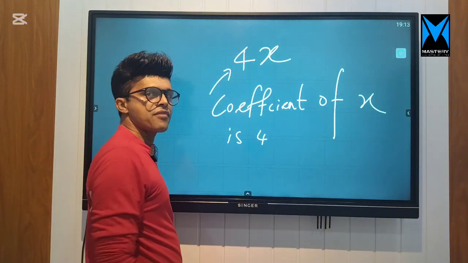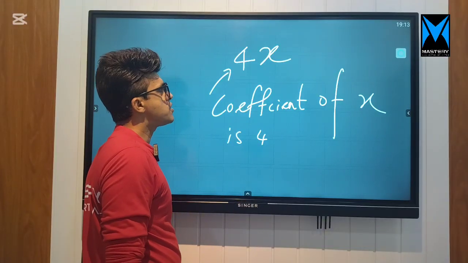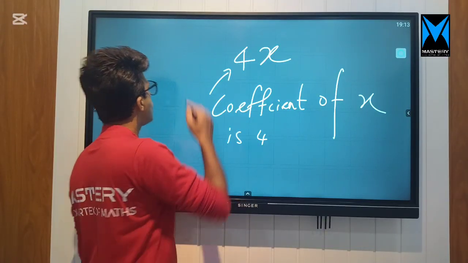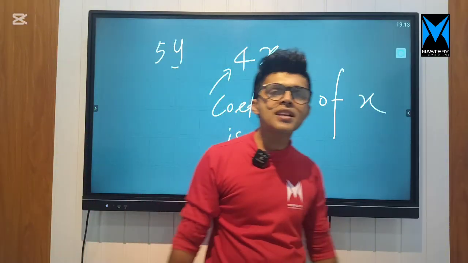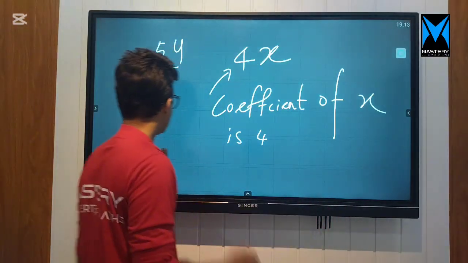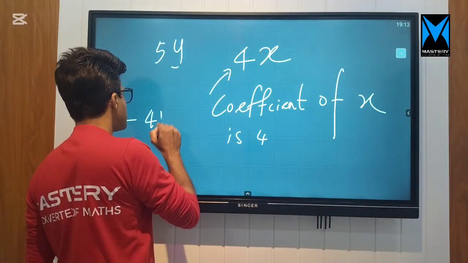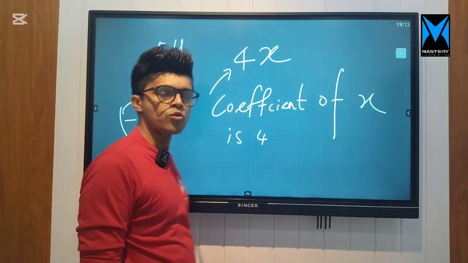This digit we identify in maths as the coefficient, which is 4. Now here, what is the coefficient of y? The coefficient of y is 5. Now, what's the coefficient of m here? The coefficient of m here is negative 5, or minus 5.